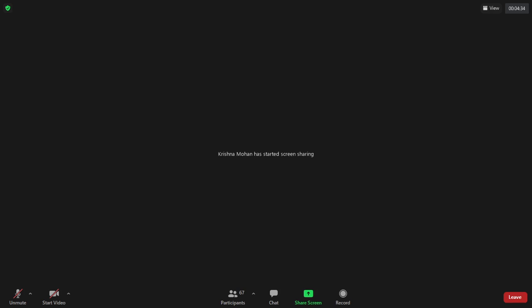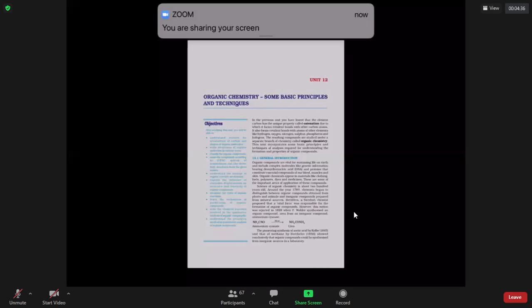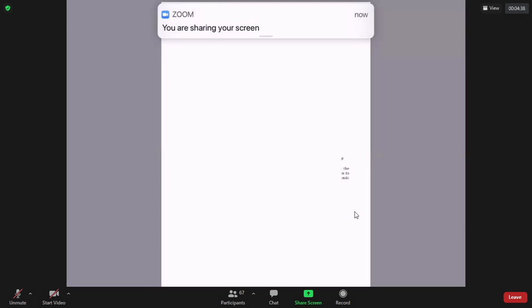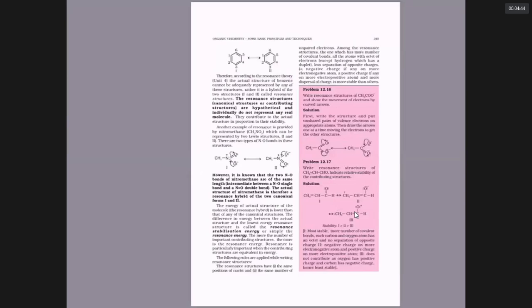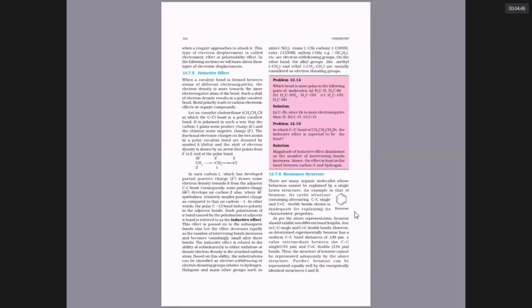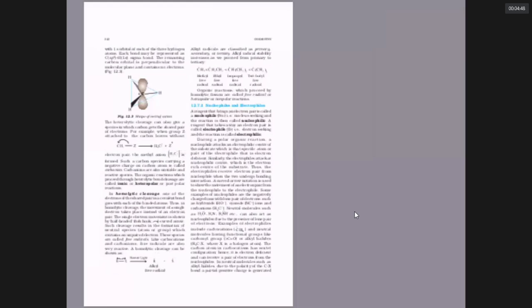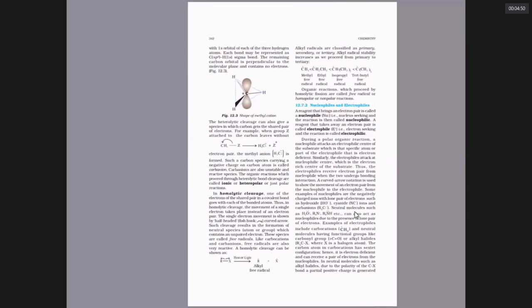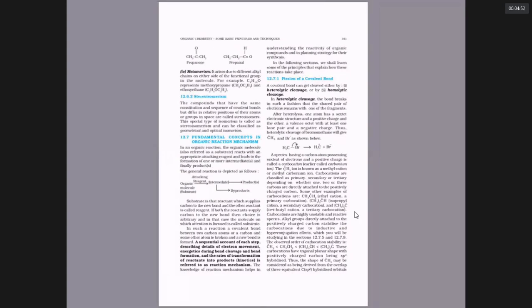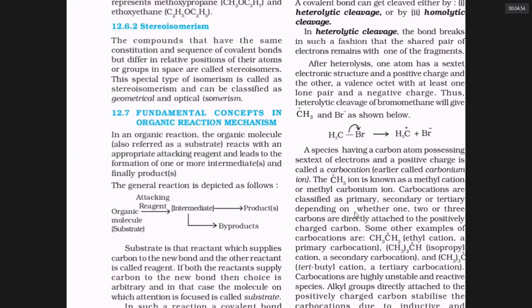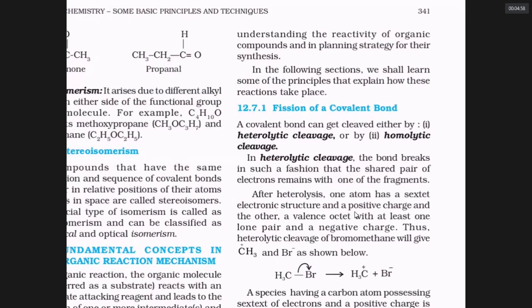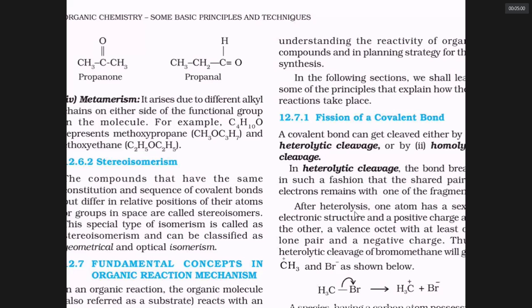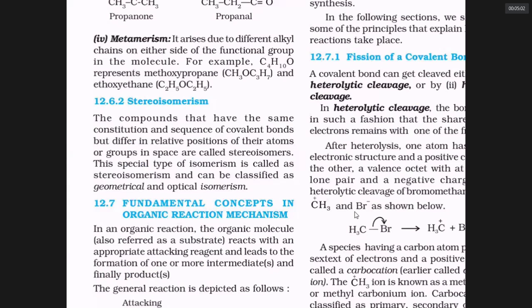This is your NCERT book. Page number 341.